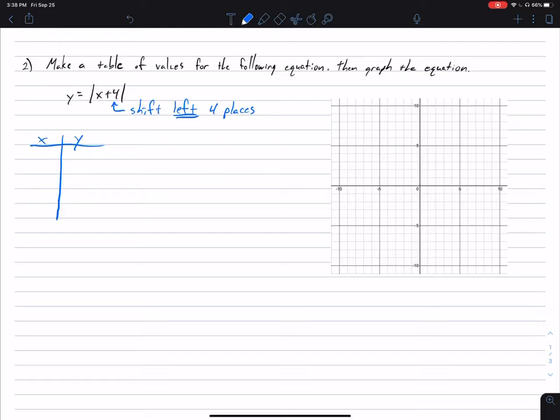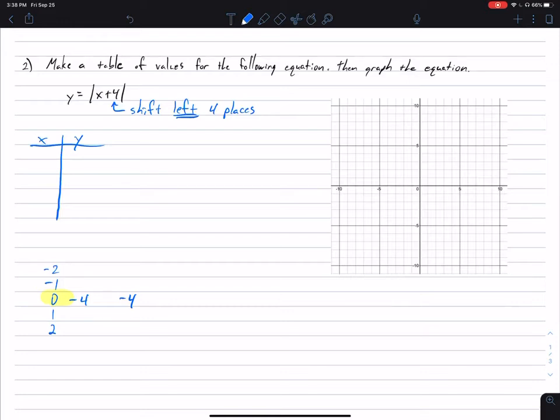So when we plug in our standard numbers of -2, -1, 0, 1, 2, we don't want to use those standards because you're not going to get the vertex. The vertex, this 0, is going to be shifted left 4 places. So we want to subtract 4 from that, and that's going to tell us where our new vertex would lie.